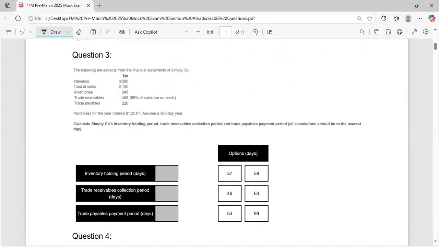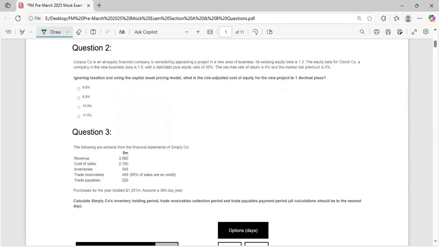Next one is second question. C company is an all equity financed company considering appraising a project in a new area of a business. Whenever you want to invest in the new area, it is called diversification. Its existing equity beta is 1.3. Equity beta of C company, a company in the new business area, is 1.5.